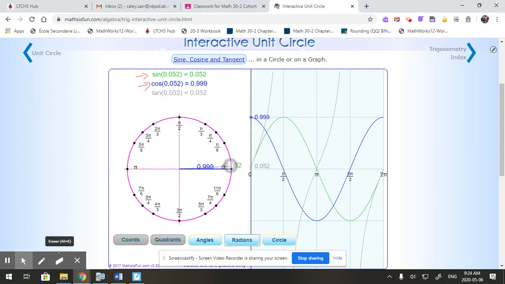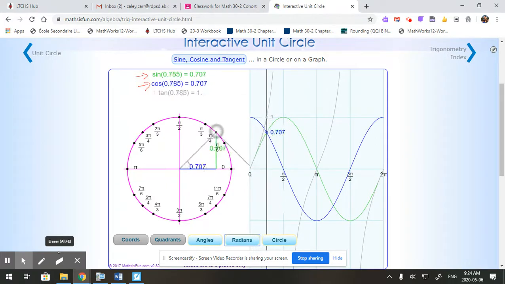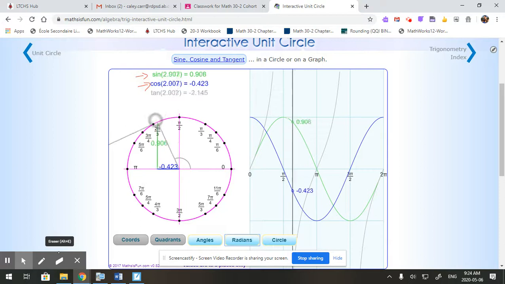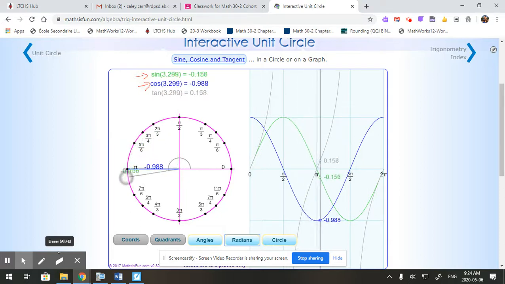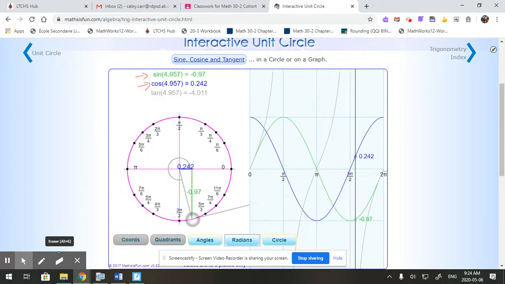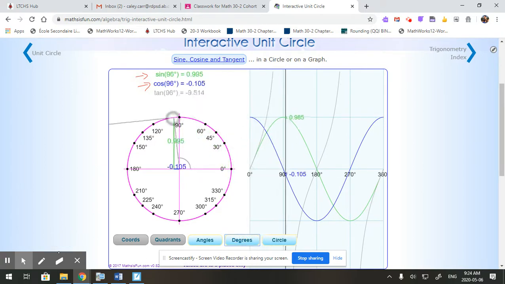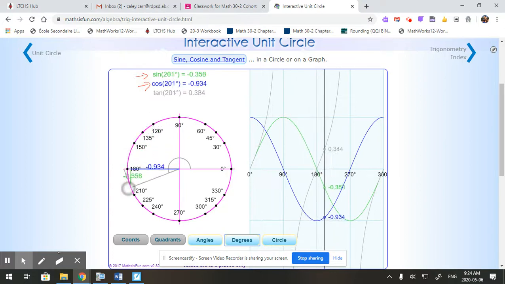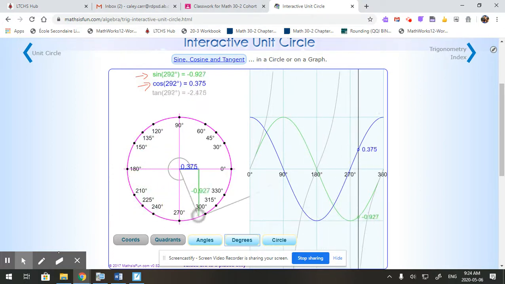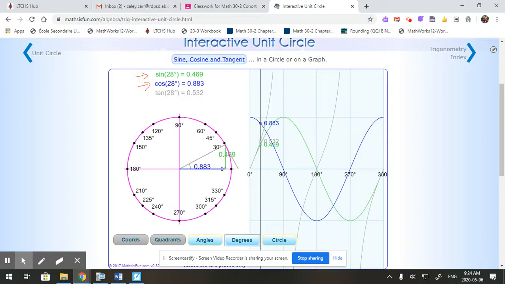So you can see here, when my angle is 0, my sine is 0, my cos is 1, and then you can trace it all along and see that the values always fluctuate between -1 and 1 for your cos and your sine. You can even change it back to degrees if you want, and look at that range for all the different degrees and your values for sine and cos as it traces it, and then it also traces the graph on the right-hand side. So if you want to look into it, you can go into that site as well.